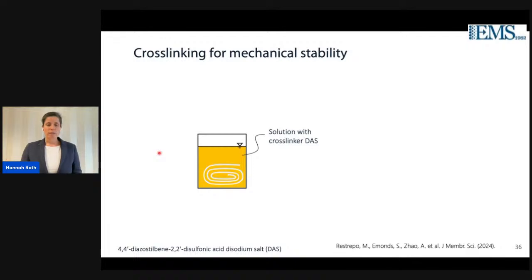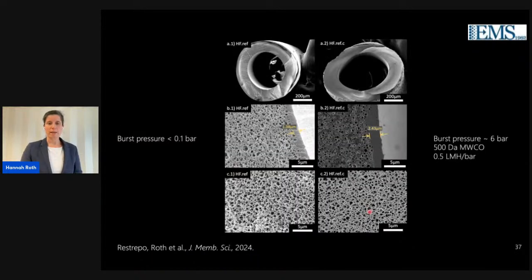But by cross-linking the charged groups of the structure, for example, with this UV responding cross-linker, we were able to stabilize the structure and make it mechanically stronger.